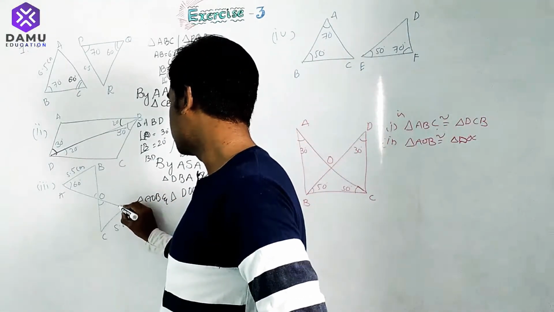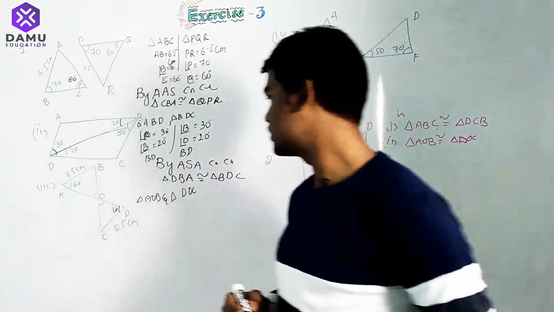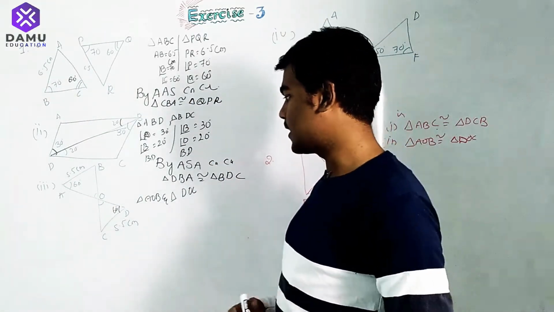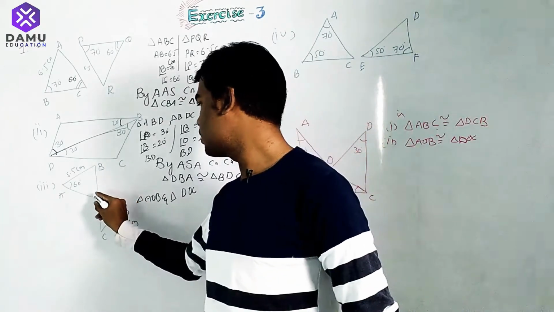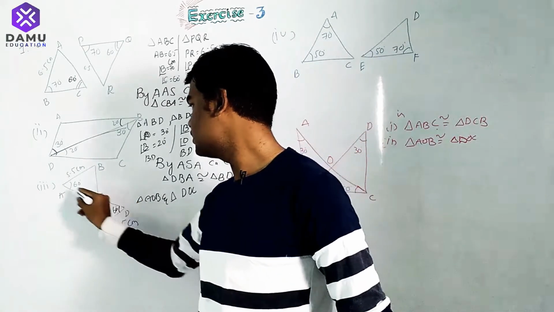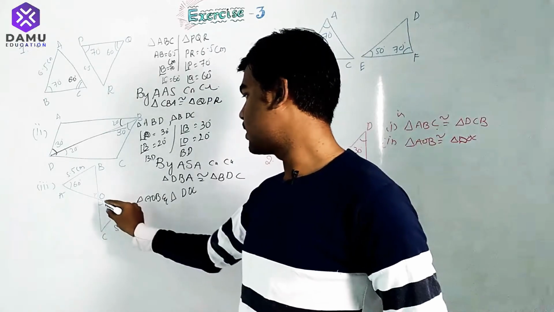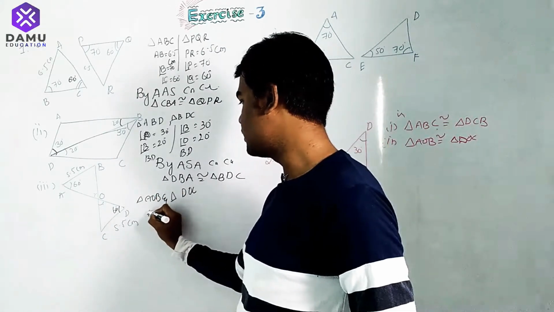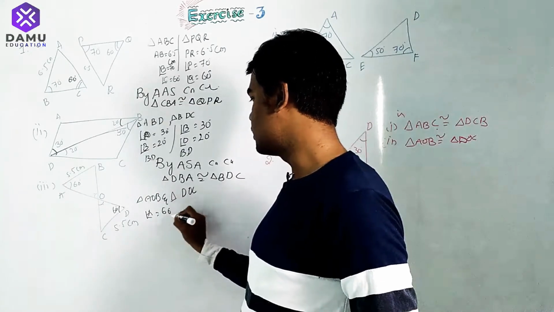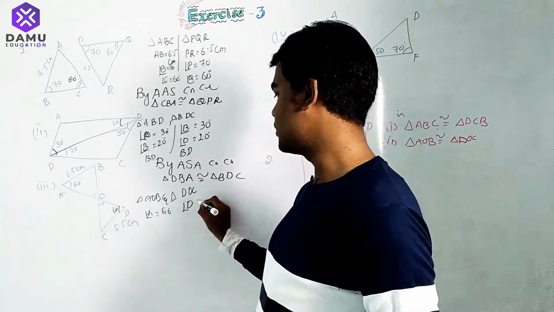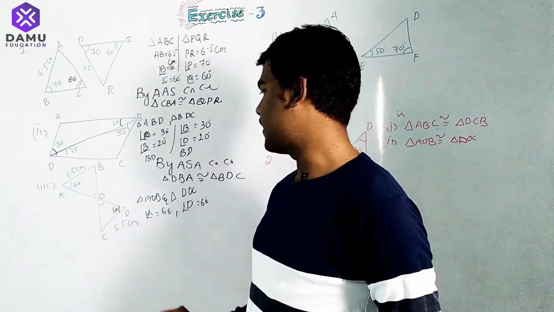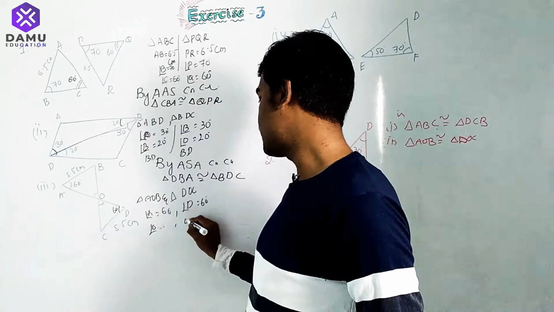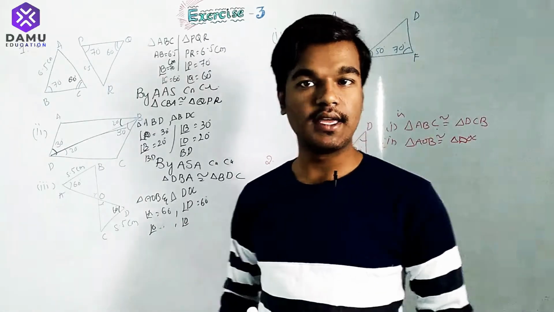We can write vertically opposite angles, and here there is a common side, so the AAS congruency rule applies. In AOB, angle A is equal to 60 degrees. In DOC, angle D is equal to 60 degrees. Angle O and angle O are both equal.